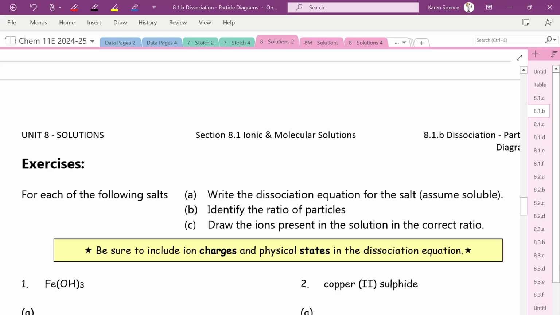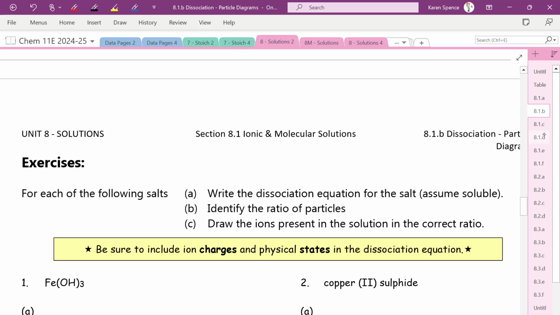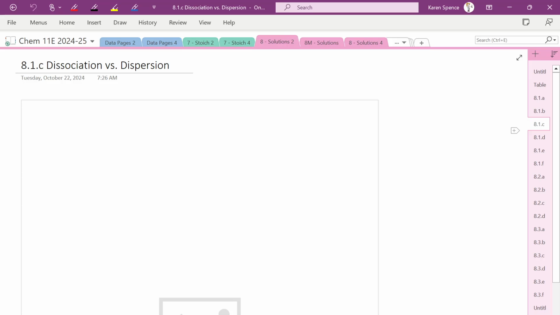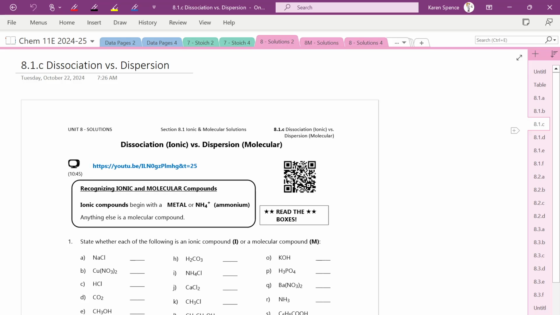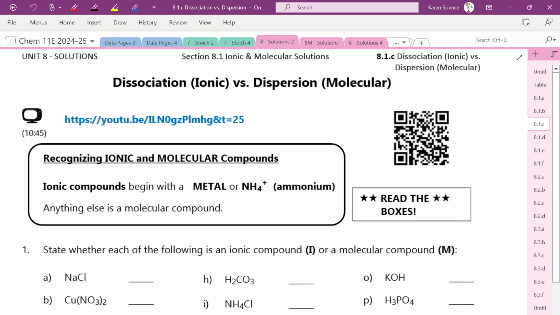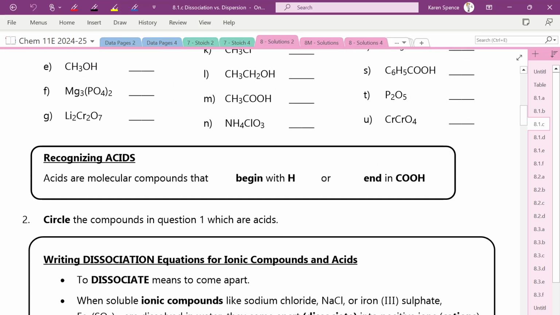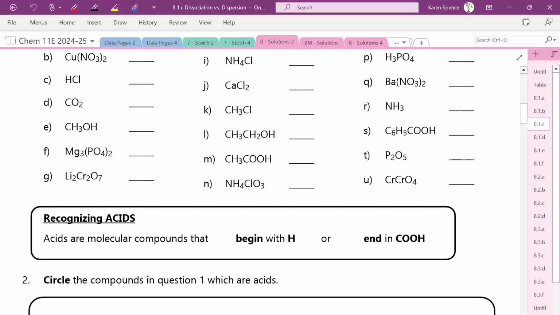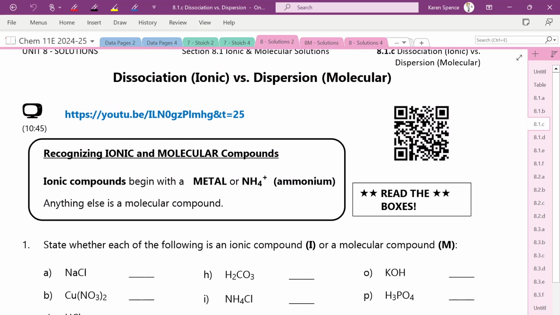There are some exercises. We're going to leave those for later. And we're just going to go through a few things here so that you can do this over the weekend. This is on page 11. How do you know if a compound is ionic? Metal or NH4.